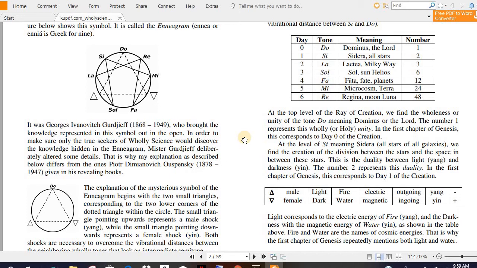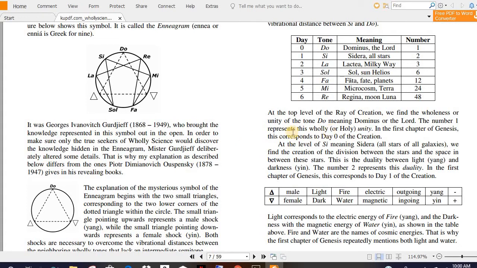At the level of si, meaning sidereal, all stars of all galaxies, we find the creation of the division between the stars and the space in between these stars. This is the duality between light, yang, and darkness, yin. The number two represents this duality. In the first chapter of Genesis, this corresponds to day one of creation.